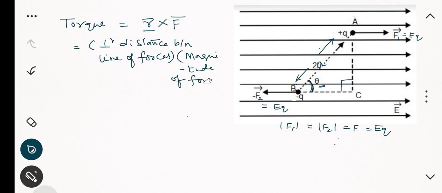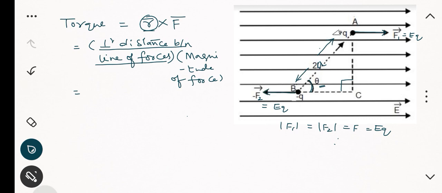In order to find R, the perpendicular distance between the lines of forces, note that the lines of forces are, first, F1 and, second, F2.